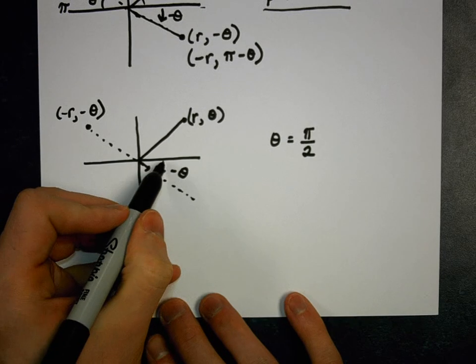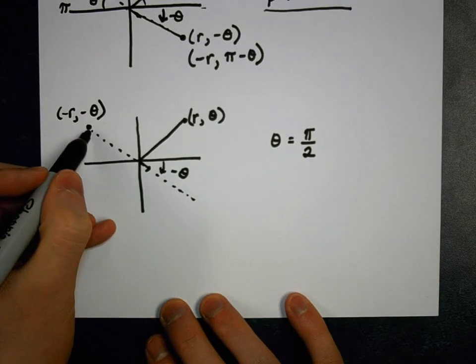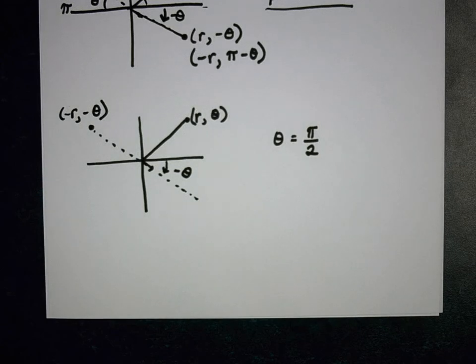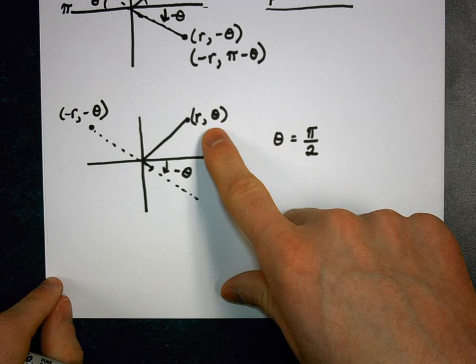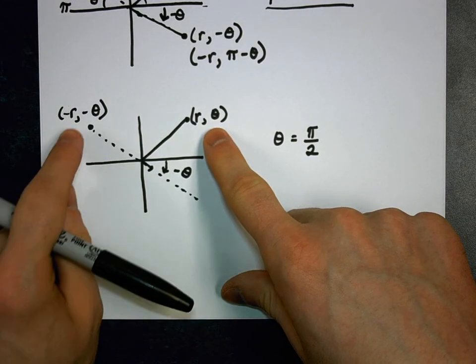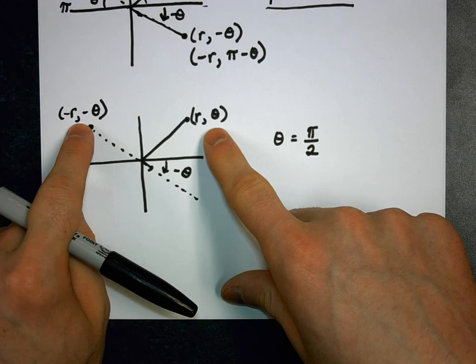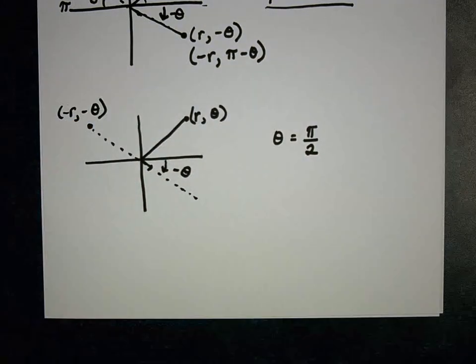If I first go in the direction of a clockwise angle movement, I then have to go backwards, which is a negative distance, to find that r value. So for every (r, theta), if I've got a reflection over theta equals pi over 2, (-r, -theta) also has to be on the graph.